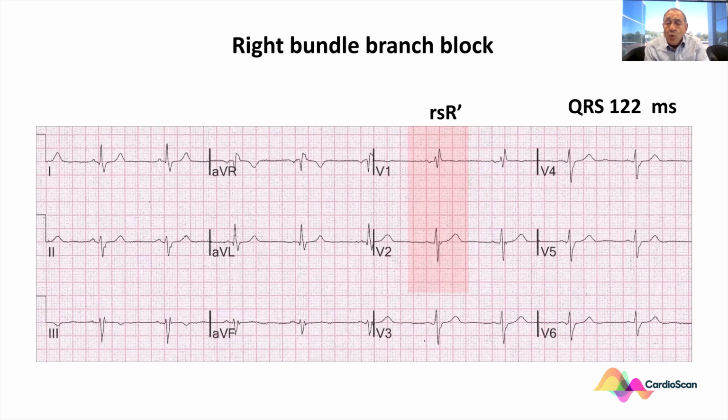Here is then where it just gets to 122 milliseconds with an RSR prime in V1 and V2. And you can start to see now that in leads 1 and in V6, the S wave is widening. And so we can, in fact, call this a right bundle branch block.